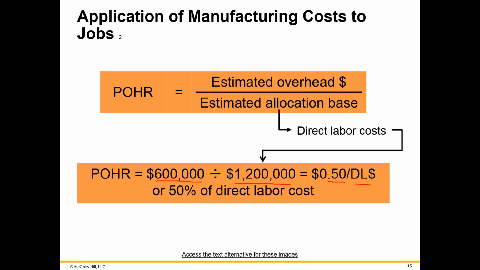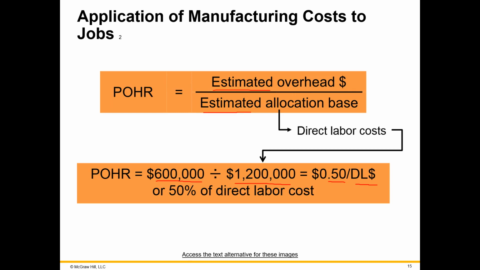So that means that anytime you have $1 of direct labor cost, you're also going to apply 50 cents of overhead. So remember, when you determine what the rate is going to be, you have two estimated amounts, the estimated overhead and the estimated allocation base.